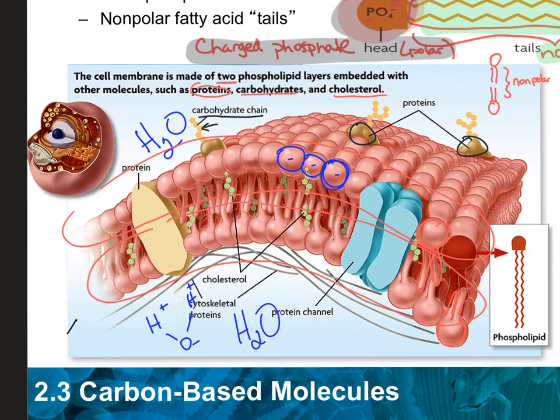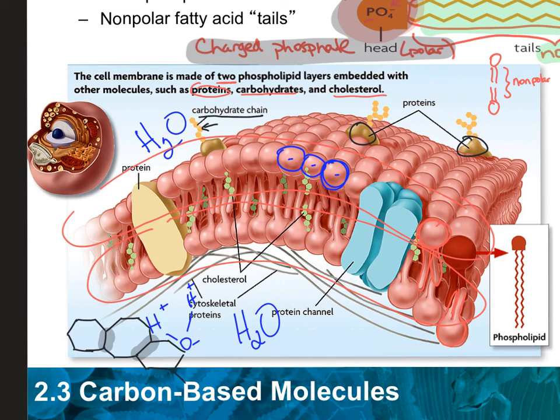And by that we mean the rings are butted up against each other. Sorry, my rings aren't very good. That's supposed to be a hexagon. So they're fused right here. So this would be like a cholesterol.